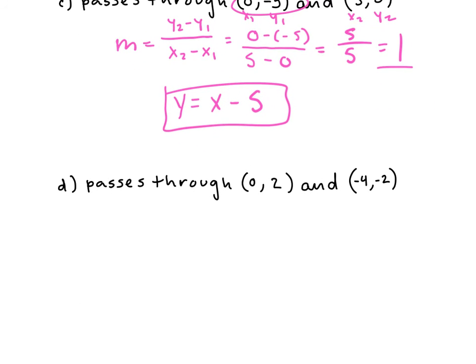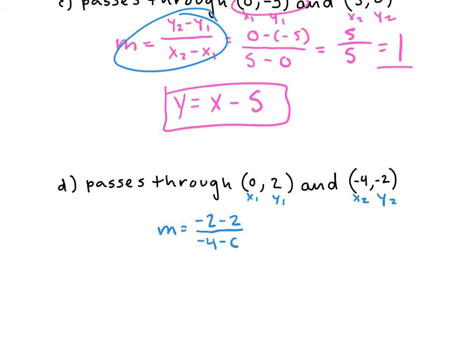All right, let's look at D. So again, it gives us 2 points. So we have to find the slope. So we have our x1, y1, x2, y2. Plug it into our slope formula. So we have y2, which is negative 2, minus y1, which is 2, and x2, which is negative 4, minus 0. What is negative 2 minus 2? Negative 4. And then negative 4 minus 0. Negative 4.